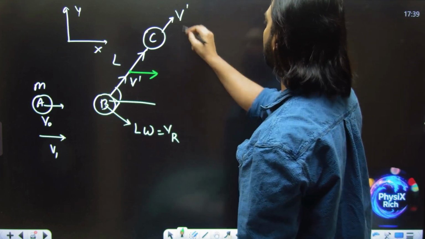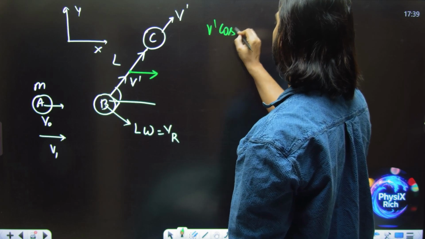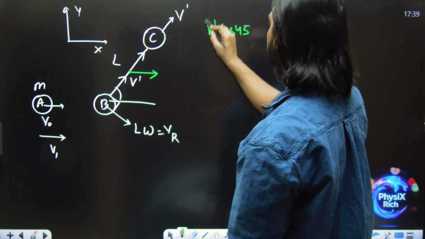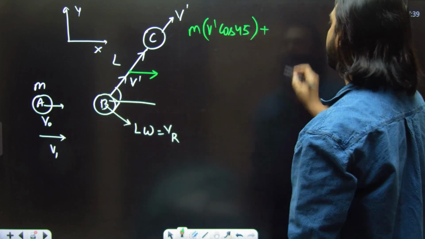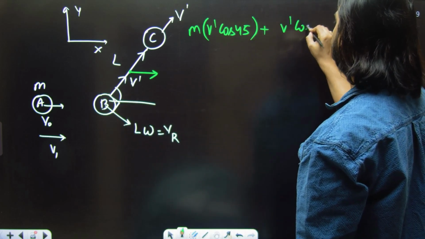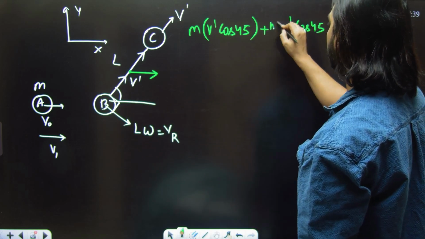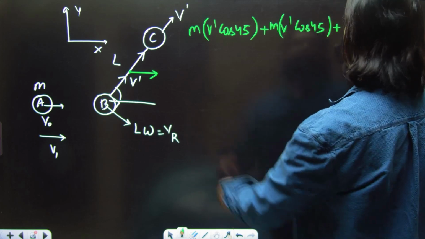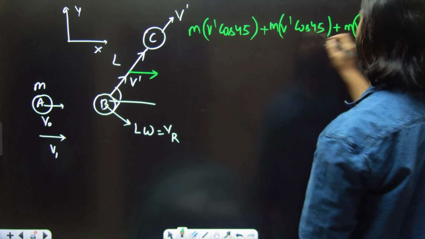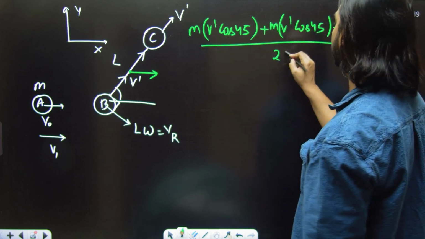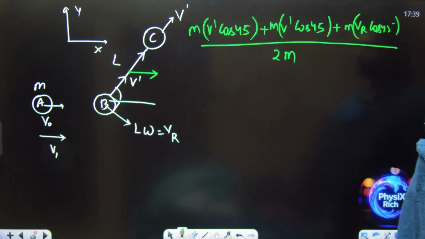Guys, we can just take the component: v dash cos 45 times m, plus v dash cos 45 again with m, plus vr cos 45 again with an m, and we divide that with 2m.